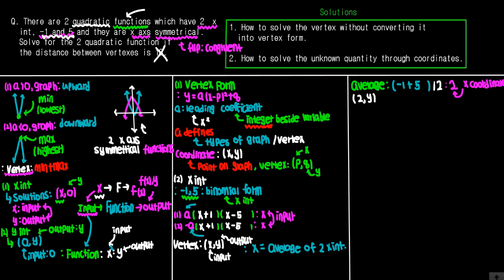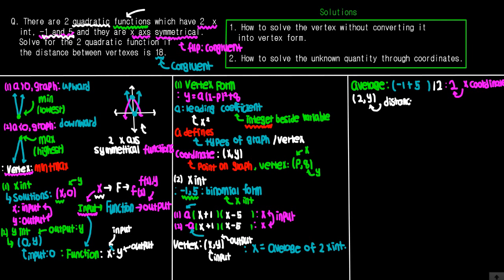But then they gave us something new. They said the distance between the vertices is 18. We can use the congruent property: if the functions are congruent, their vertices should be the same distance from the axis.